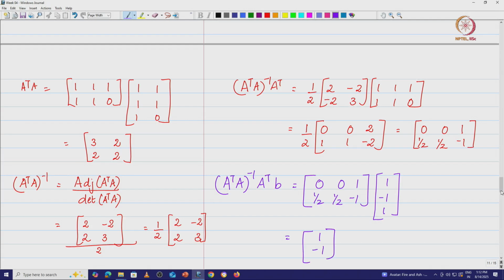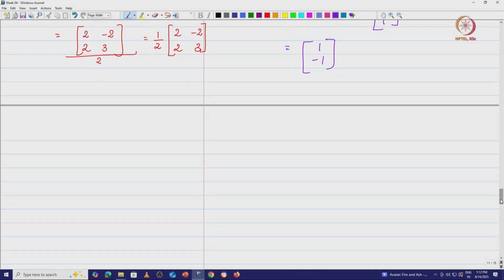So, what do we get? We get the x dagger, which is the optimal solution, is basically 1 minus 1. Recall we had the equation of the line to be y is equal to mx plus c, and we had c plus mx. So, y is equal to c plus mx, this is what we had.